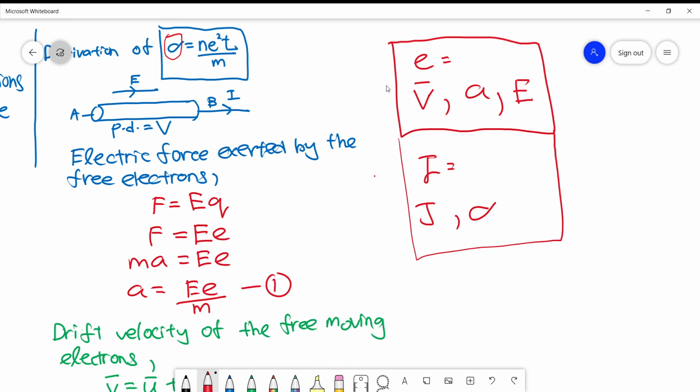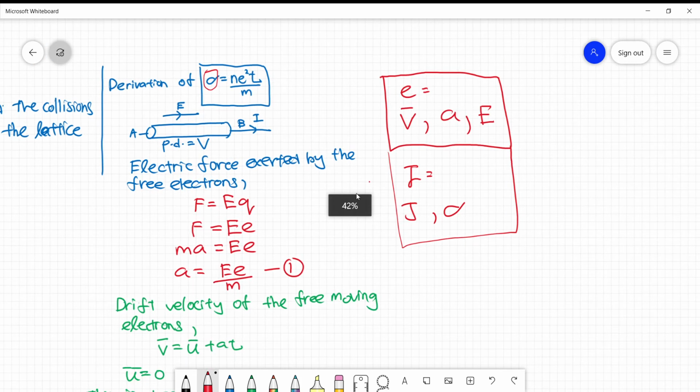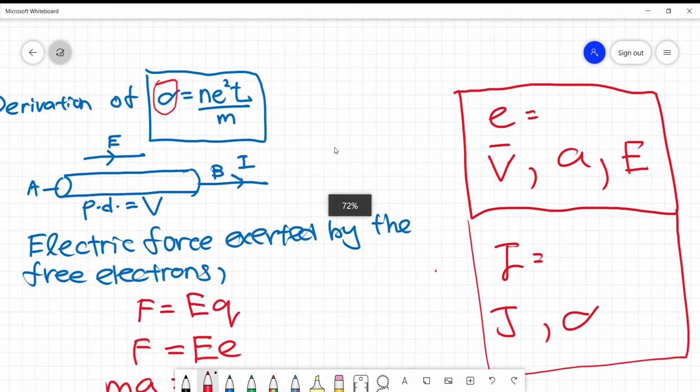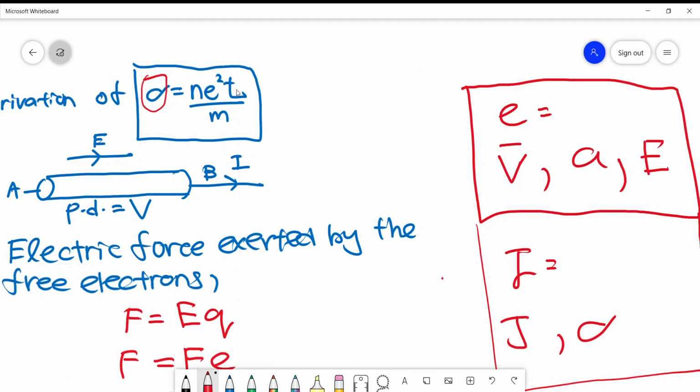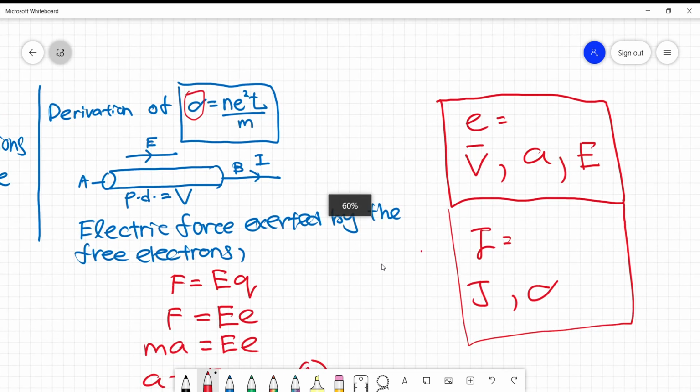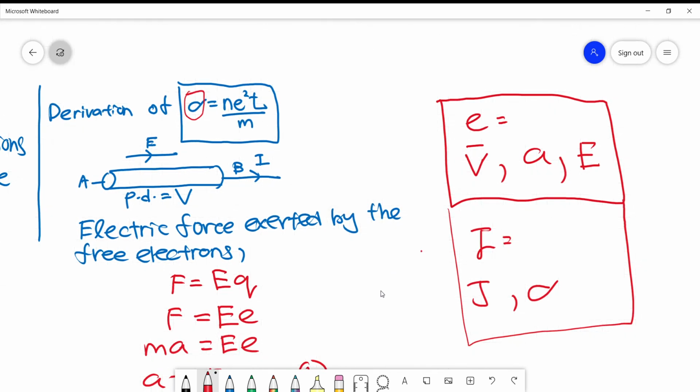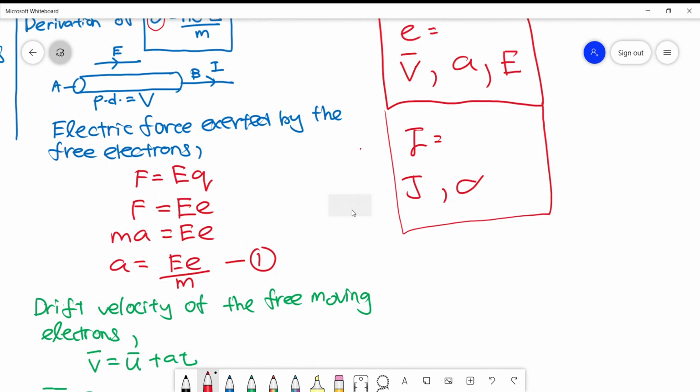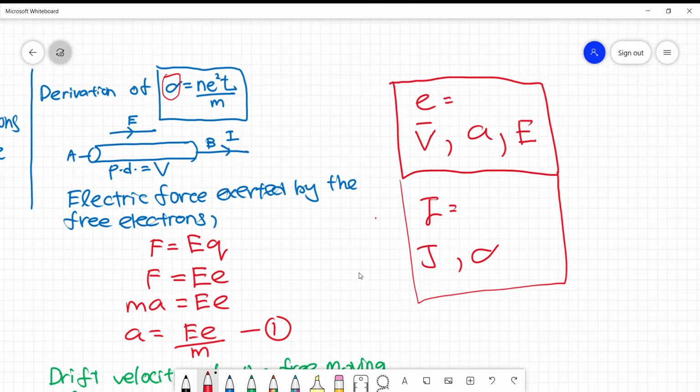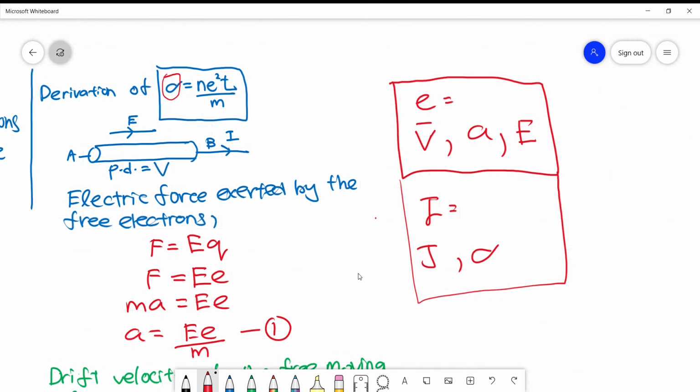If we think about these variables and their own formulas respectively, we eventually get the final formula, which is sigma equals ne squared t over m. So what we need to do is think step by step and derive until the formula emerges. That's it for the derivation of sigma equals ne squared t over m.